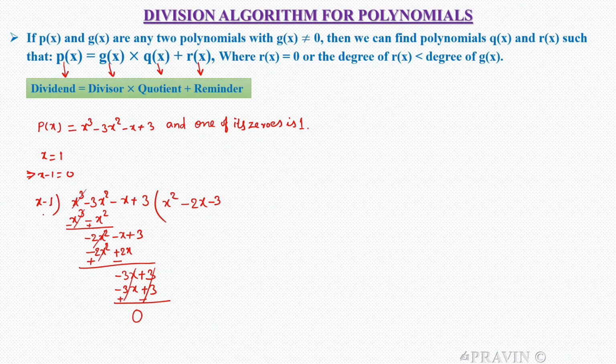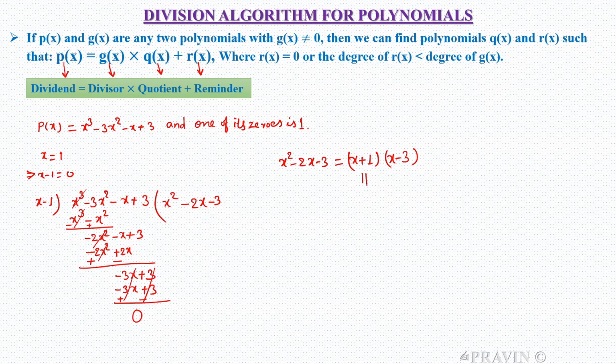Here you will find that after dividing by x minus 1 you get another factor, which is x square minus 2x minus 3, and this is a quadratic polynomial, and now again it can be factorized. And when you factorize it, you will find that it can be written as x plus 1 into x minus 3.